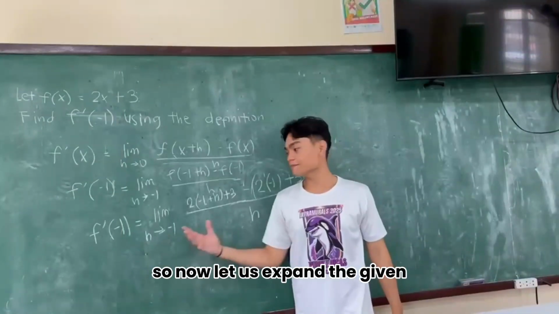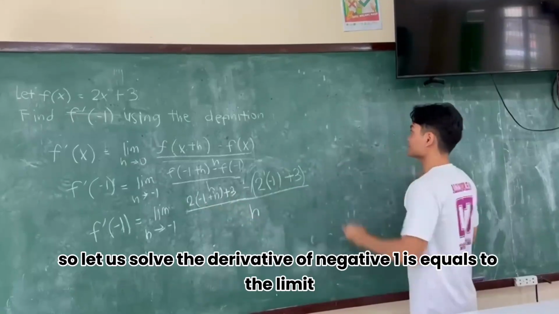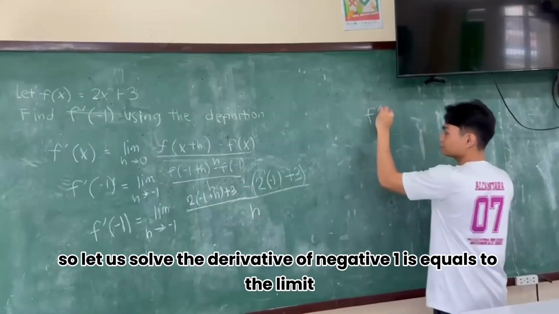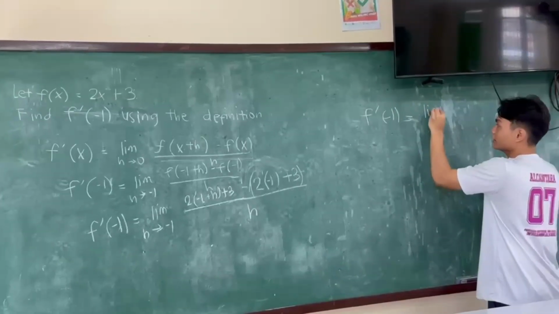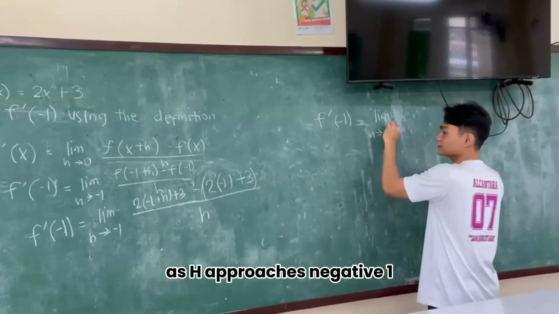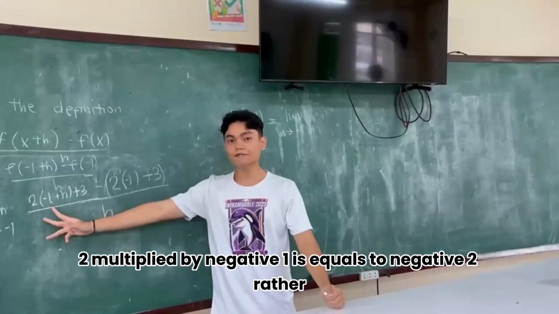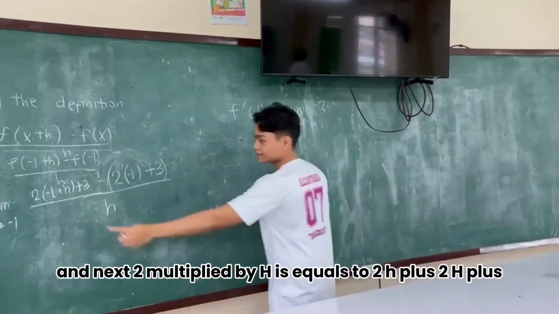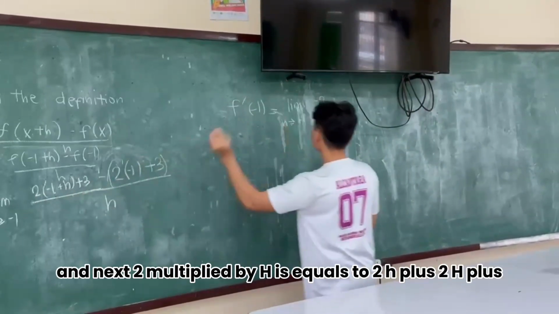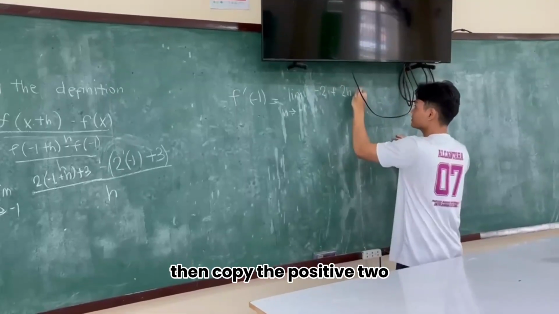So now, let us expand the given function so that we can simplify it after. Let us solve the derivative at negative 1, which is the limit as h approaches 0, and we should simplify the function here. 2 multiplied by negative 1 is negative 2. And next, 2 multiplied by h is 2h, then copy the positive 3.